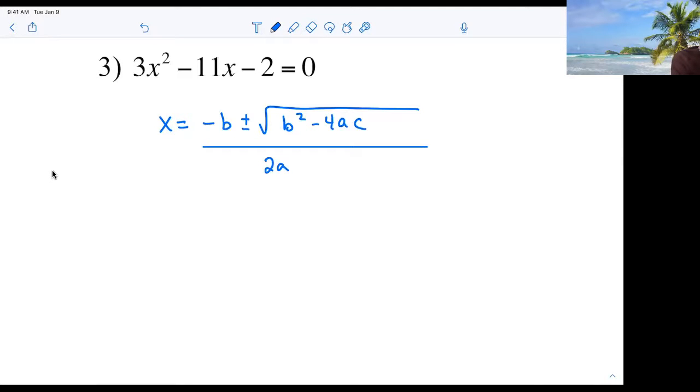Then I just want you right underneath it. A equals, somebody tell me? 3. B equals, and C equals. Beautiful. A equals 3, B equals -11, C equals -2.